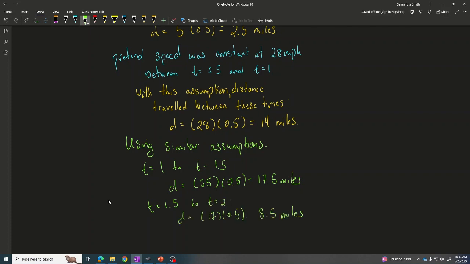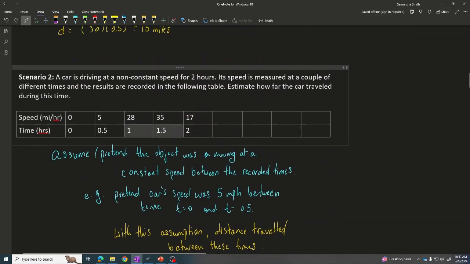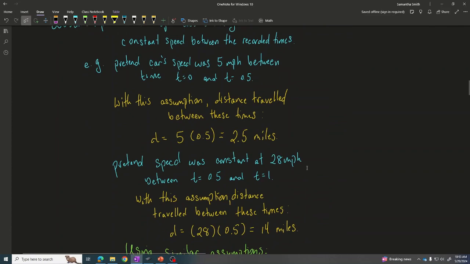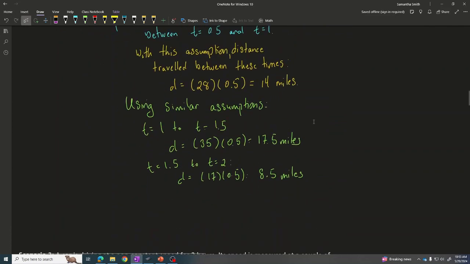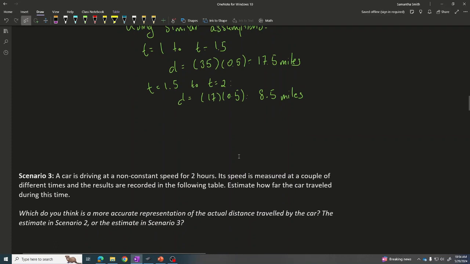Now, if I make those assumptions, then the distance traveled by the car between 1 hour and 1.5 hours at a constant speed of 35 miles per hour, for that half hour time interval, would have been 17 and a half miles. For the last half hour, if I assume a constant speed of 17, then we could do 17 times the half hour amount of time that's passed, and that would be 8.5 miles.